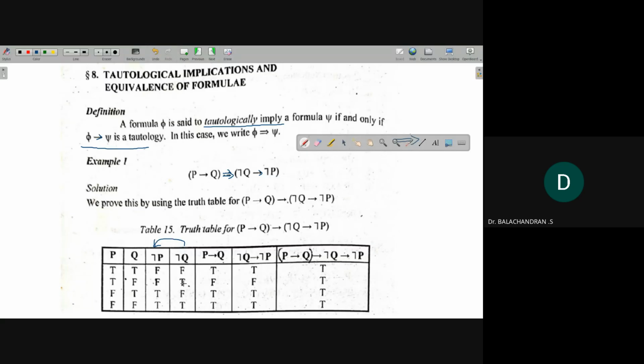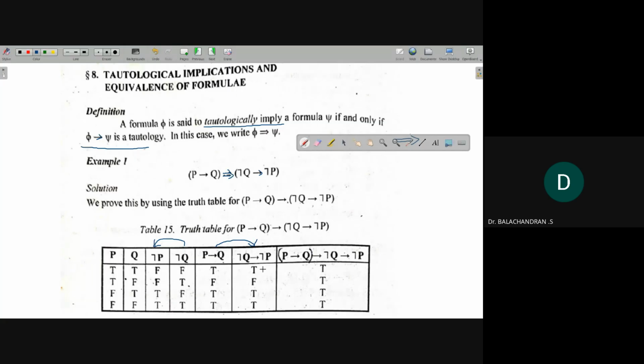If this is true, this is false. In this case only, it is false.